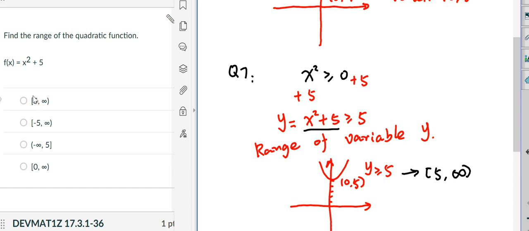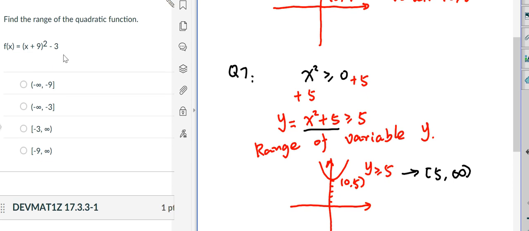That's why we choose this square bracket, because at what point you will get value y is 5. You plug in 0. 0 squared is 0 plus 5, so you get 5. So that's exactly 0, 5, the lowest point. Other than that, it doesn't matter which value of x you plug in, they all have a value y above 5. Okay?